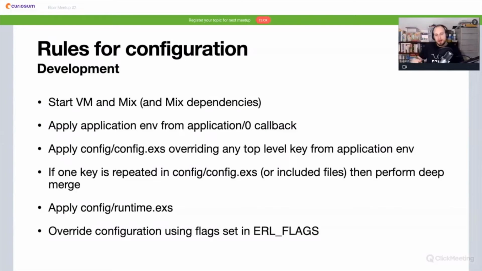When we apply our application environment, when we apply our config.exs, then we apply runtime.exs. It follows exactly the same rule as config. So it deeply merges values from our config, and then we have error flags, which in this case are in the wrong place.